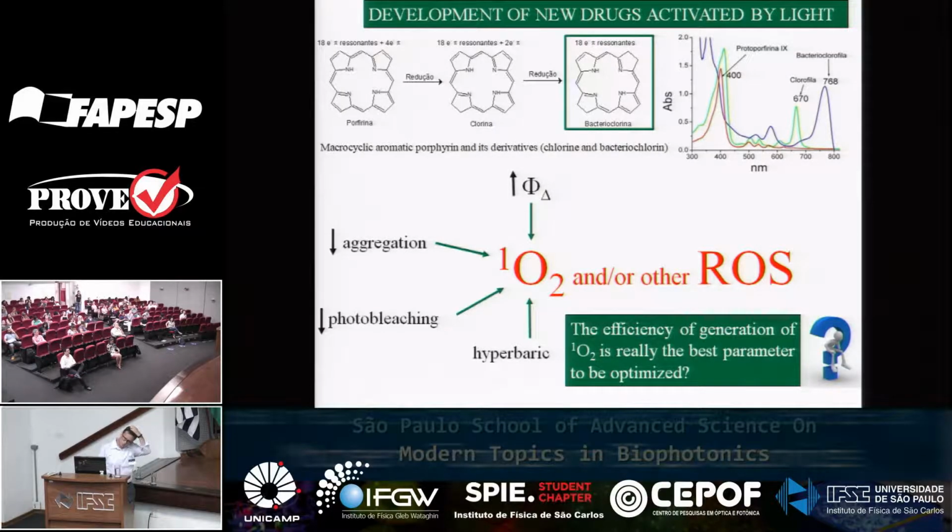I also showed this slide yesterday: what people have done in the last many years, going from porphyrin to chlorin to bacteriochlorin to make light absorption in the red, maximizing reactive oxygen species. Then we ask again the question, is this an important parameter?